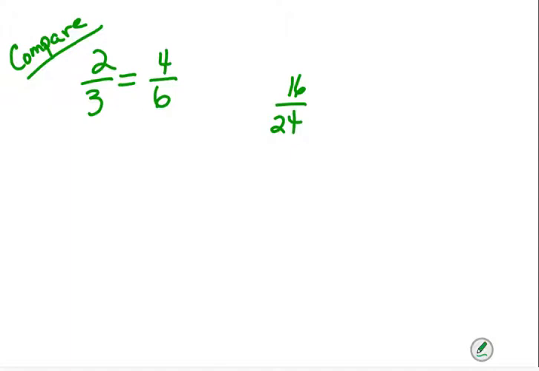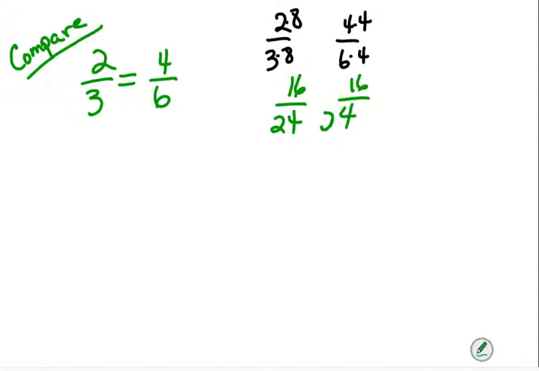Don't you have to multiply the denominator and the numerator by the same thing? Yeah. And if you have 2/3, aren't you multiplying by 8? And then you would have 4/6, and you're going to have to multiply by 4, which gives you 16/24, which still they're equal, right?